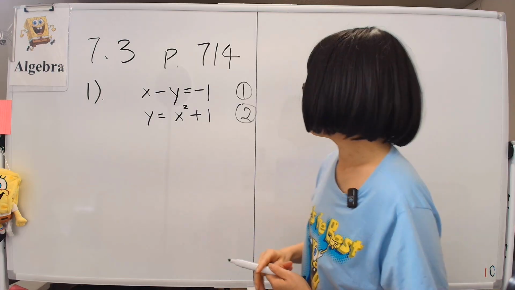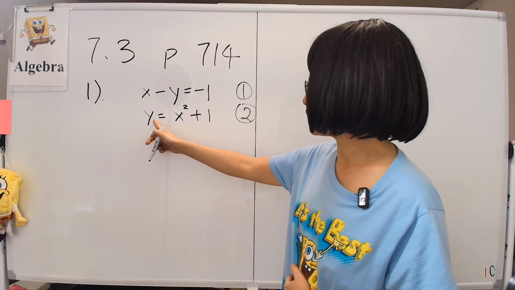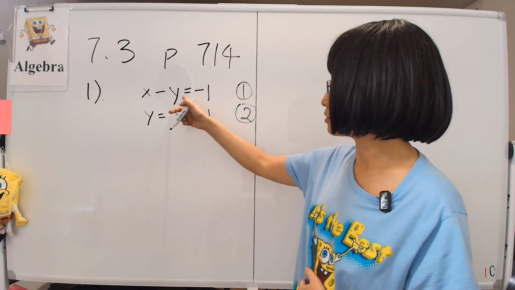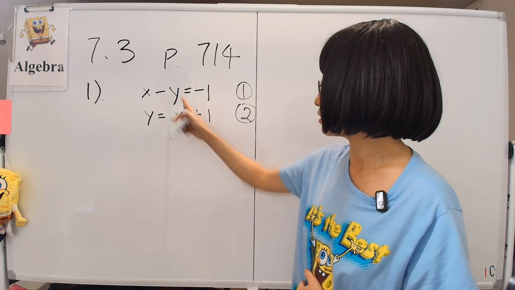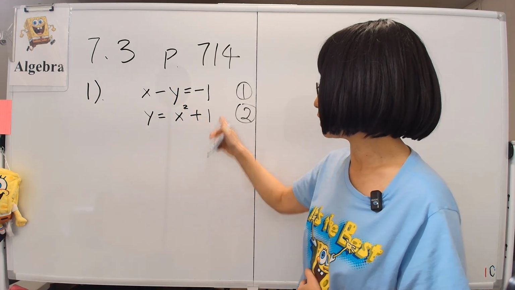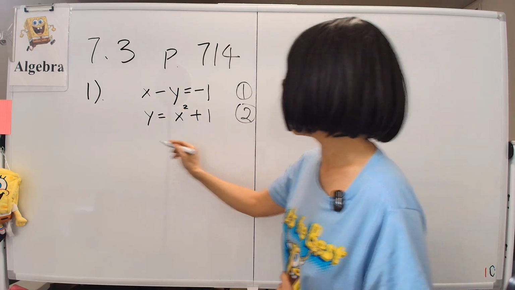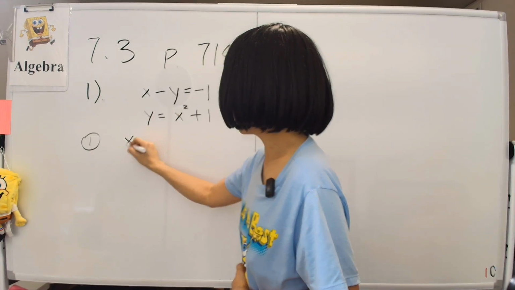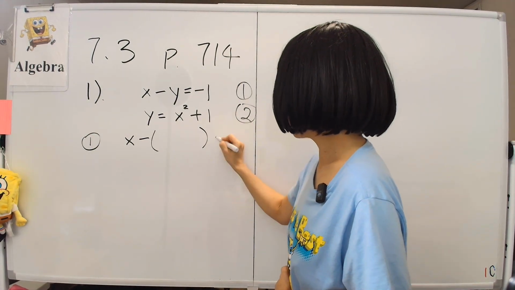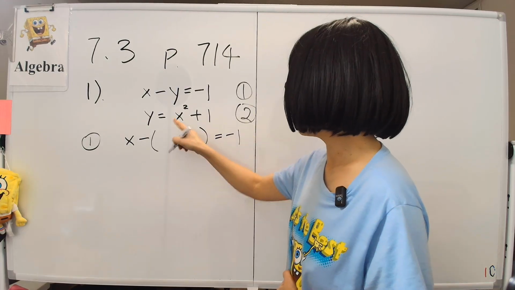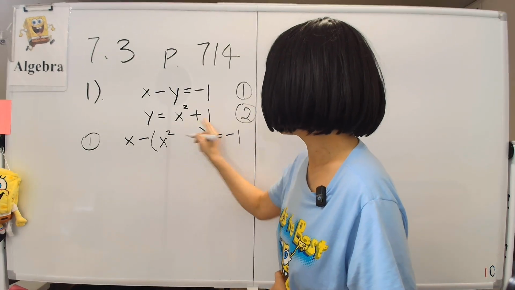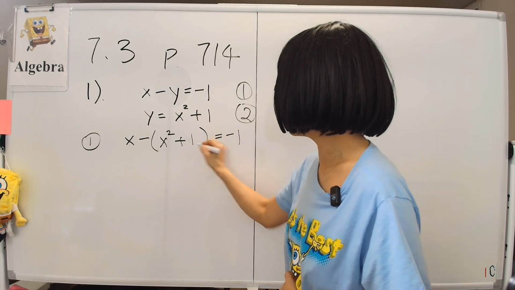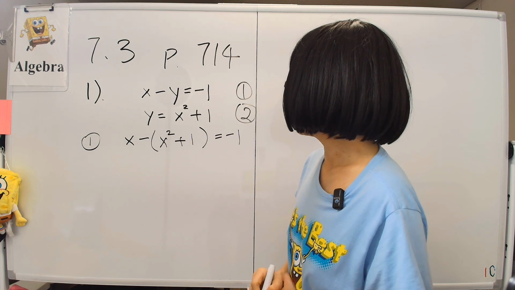The fastest way is probably to substitute, since I already have y equals x squared plus 1, so let's stick y right in here. That is, replace y with x squared plus 1. Starting with equation 1, I will write down x minus y equal to -1, where y is x squared plus 1 according to equation 2.